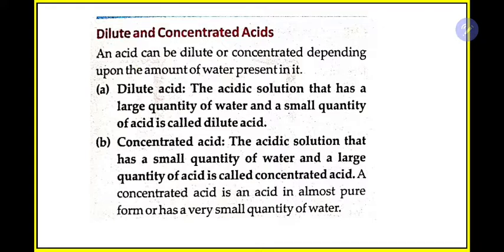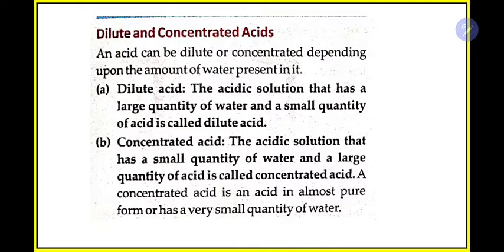So the pure milk is known as concentrated. Concentration is more. As soon as you add water to it, it will become diluted. Concentration is less. So remember, whenever you say concentrated, that means the strength is more, because the concentration is more, it is more pure. But dilute means we have added some amount of water to it, then now the concentration is less, so the strength is also less.